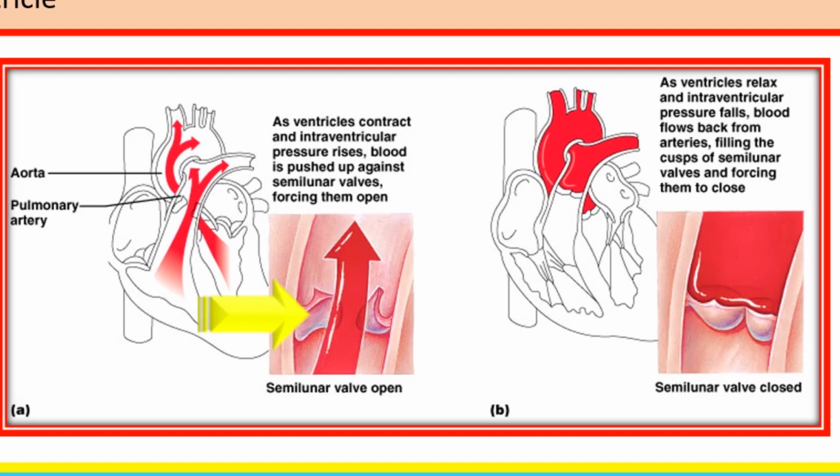At the end of this phase, with ventricular contraction, there will be recoil of blood, and this recoil of blood will fill the pulmonary sinuses, which will now force the cusps to rest on each other and close the opening, thereby preventing blood in the pulmonary trunk from refilling the right ventricle, as you can see in a section here.